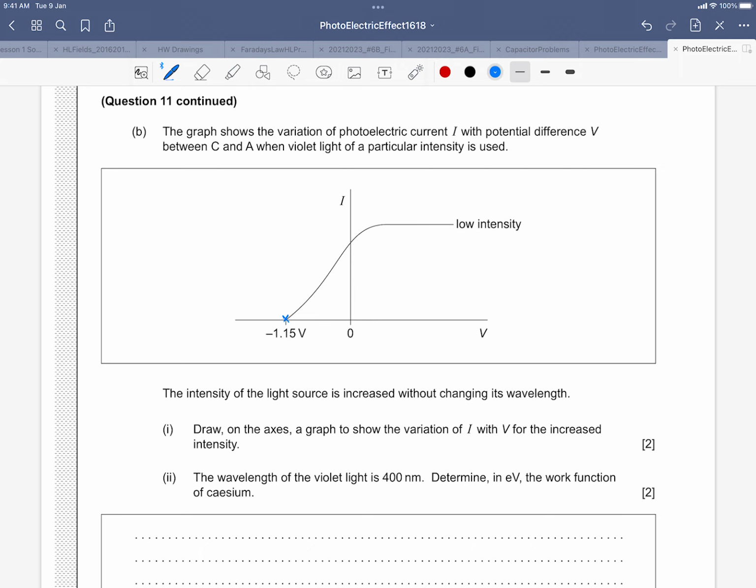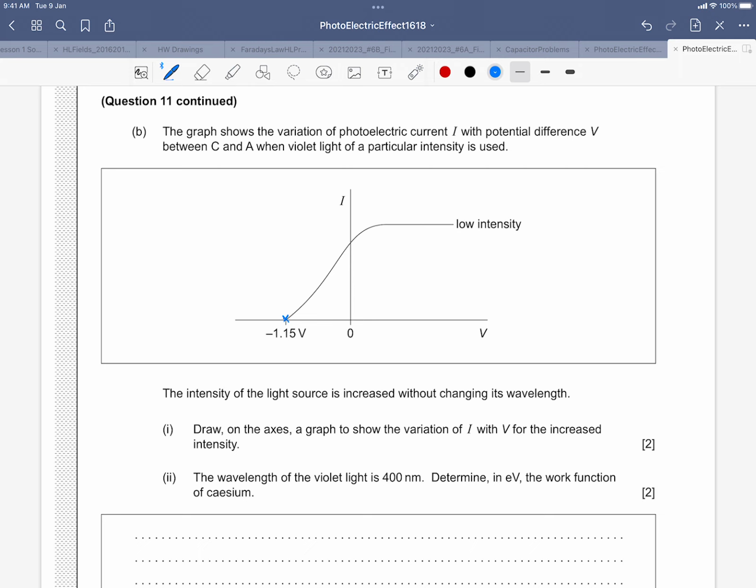So we will have the same stopping voltage. So it has to start at the same voltage. But if we have a higher intensity, it means we have more energy per unit area per unit time. And that means we get more photons, which means we get more electrons. So in the end, we get a higher current.